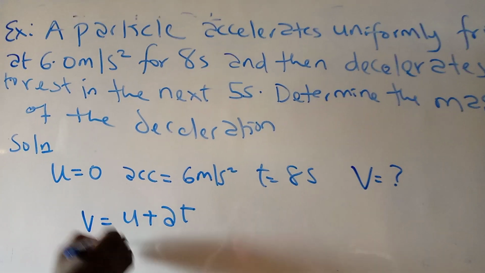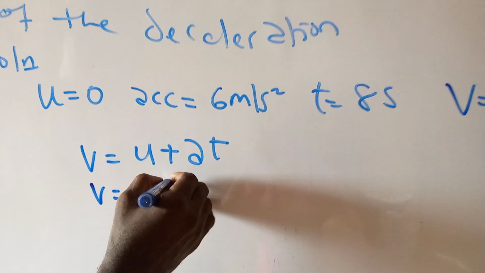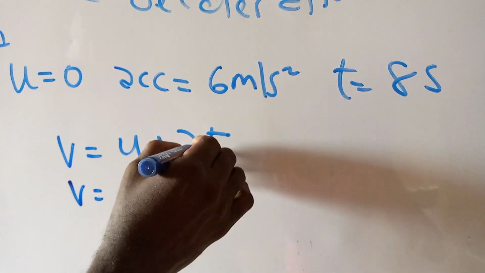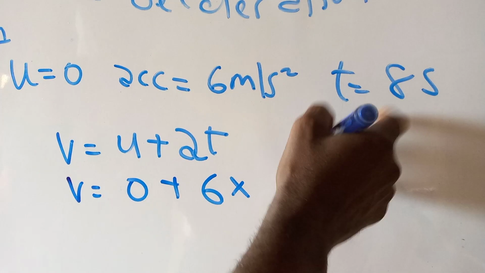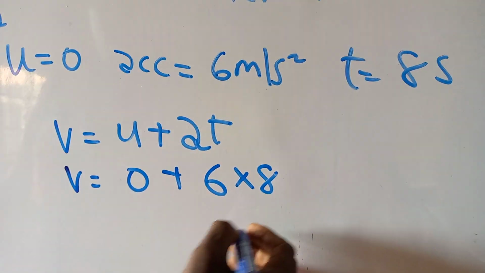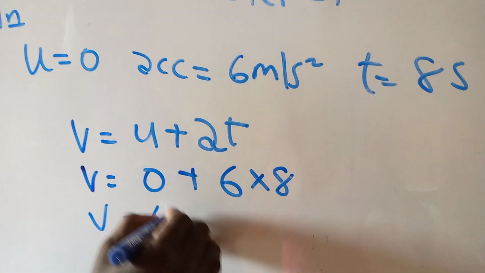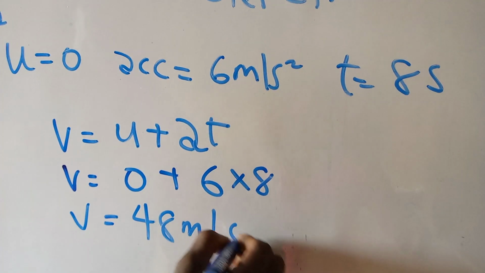Now, V equals 0, which is the initial velocity, plus 6, which is the acceleration, times the time, which will give us V equals 48 meters per second.